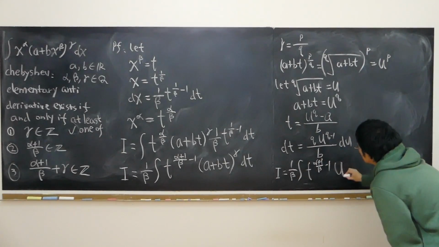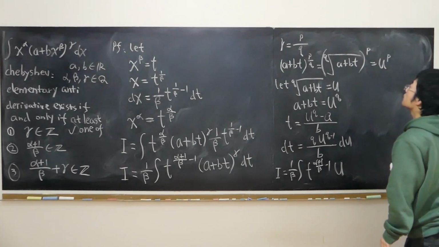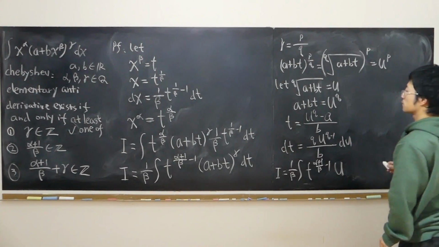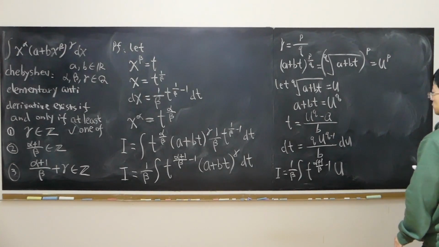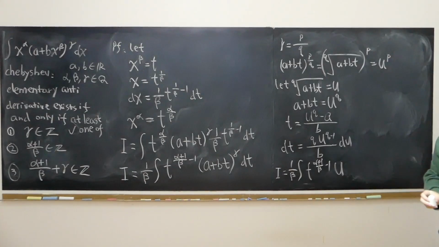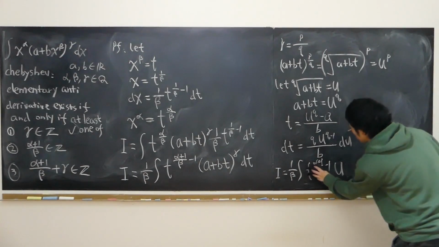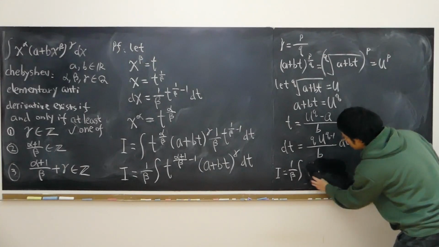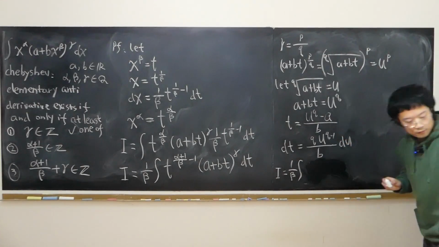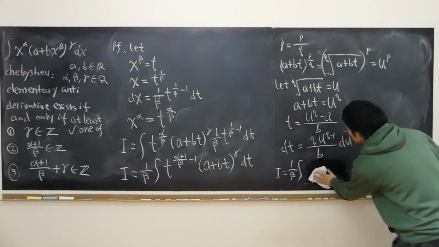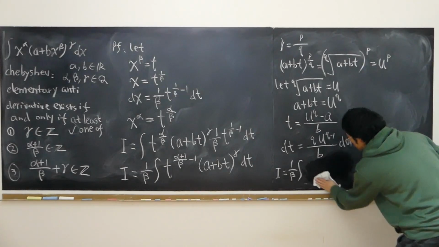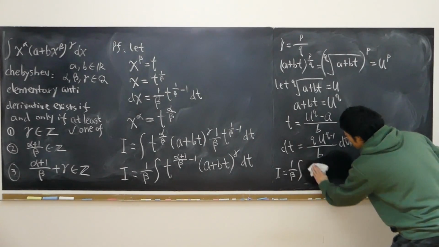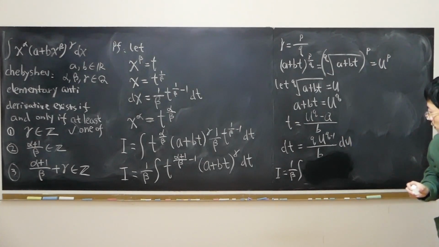times u to the... t. I should replace t with an expression in terms of u in this case, so that everything is in terms of u across the board.